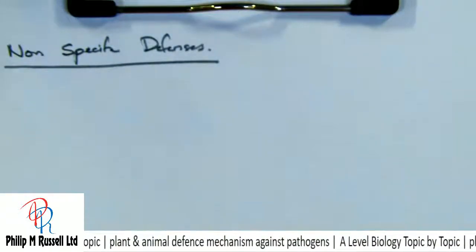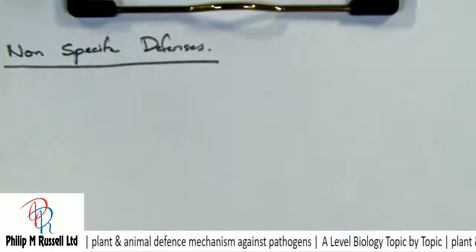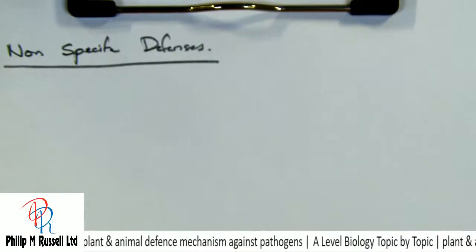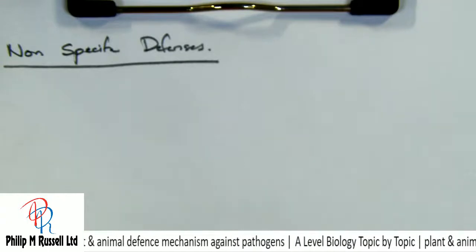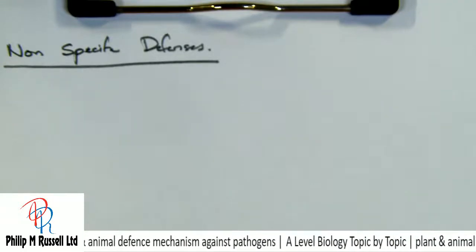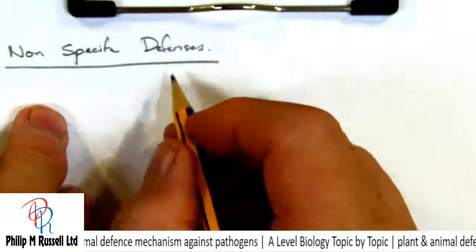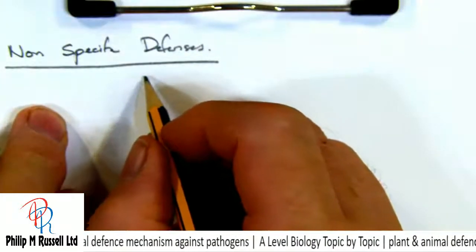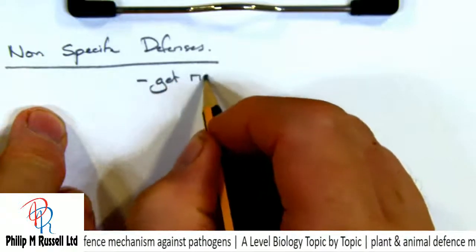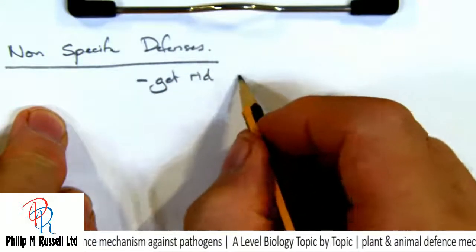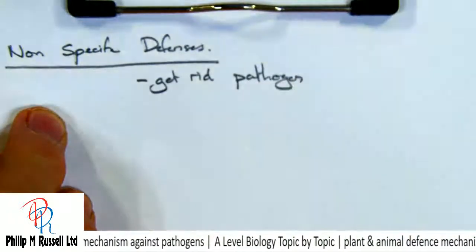So now we've got to try and get rid of anything that's actually got into the body. We've got this idea of keeping things out, but now what happens when we've got something in? We need to get rid of any pathogen that's got into the system.